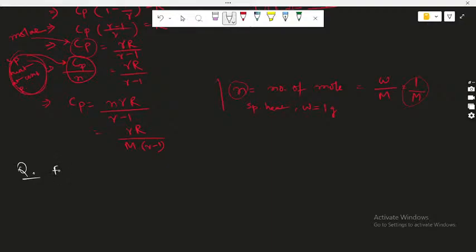So this is another question. For N2 gaseous plus 3H2 gaseous arrow 2NH3, that is also gaseous.